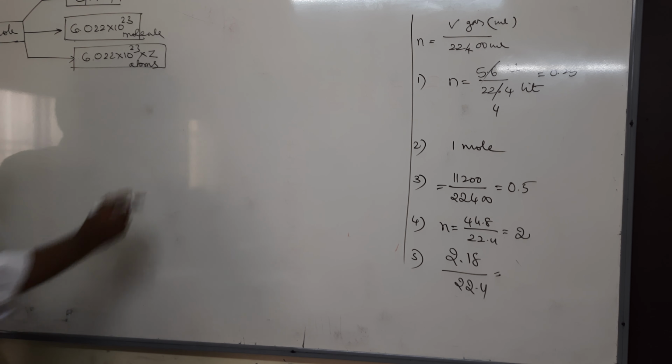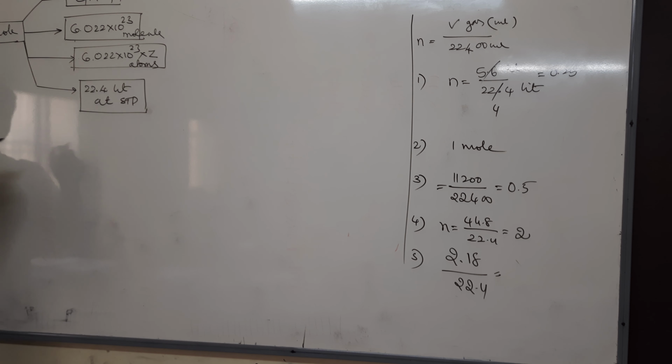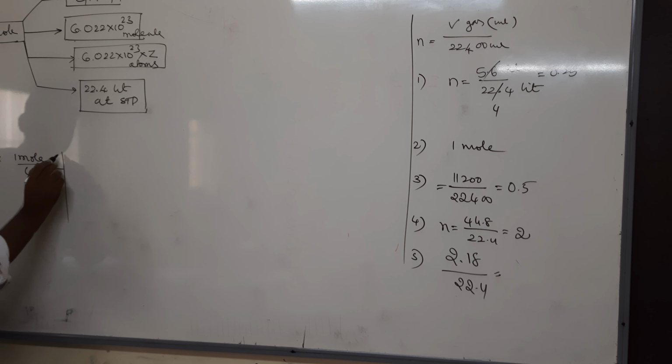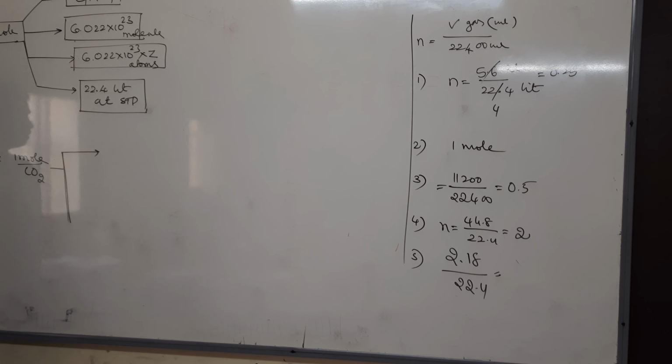Now, related to this, for example, let us take 1 mole CO2, carbon dioxide. Tell me, 1 mole carbon dioxide is equal to what mass? 1 mole is equal to gram molecular mass, which is 44 gram.